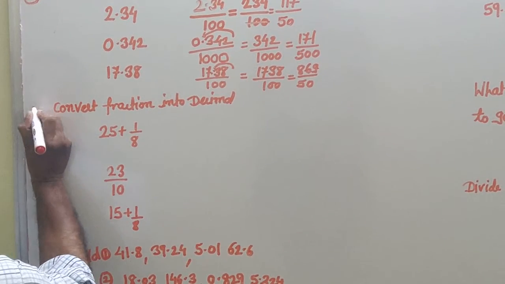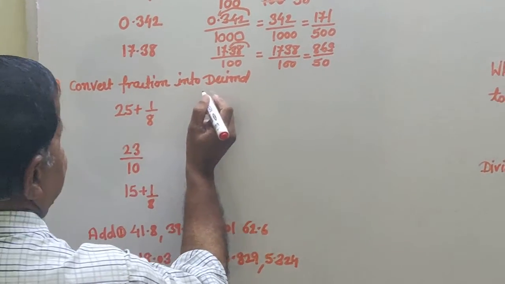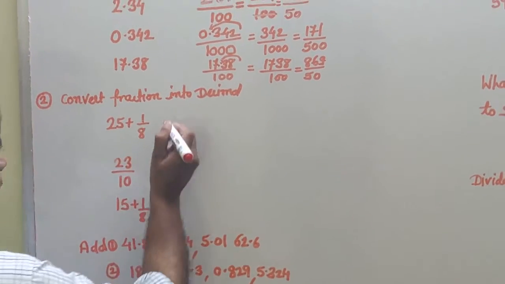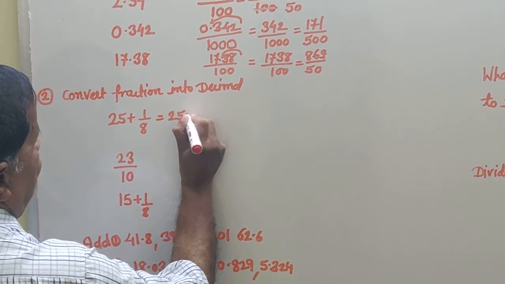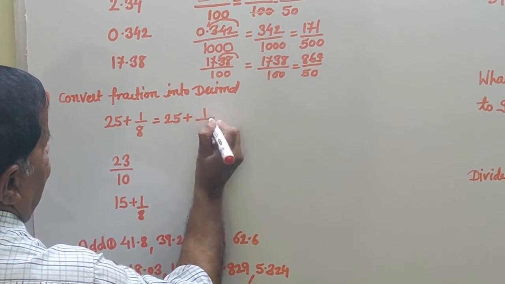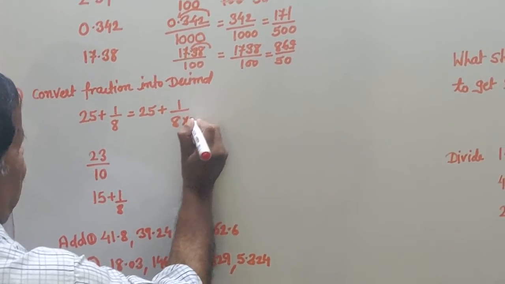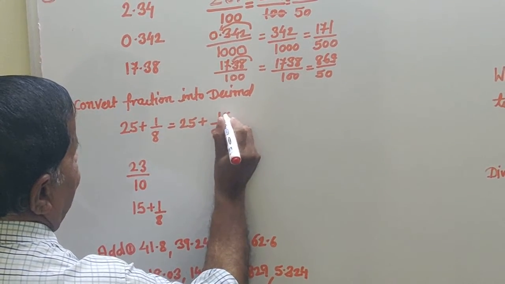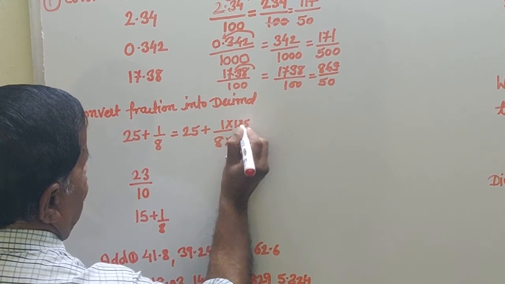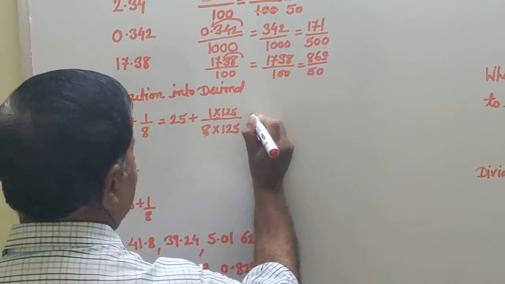Now we are going to solve the second question, in which a fraction is converted into a decimal. Okay. Now here 25 plus 1 by 8 is given. Now I want to make this denominator 1000. I will multiply here by 125, and here also 125, because I know that 125 into 8 is equal to 1000.